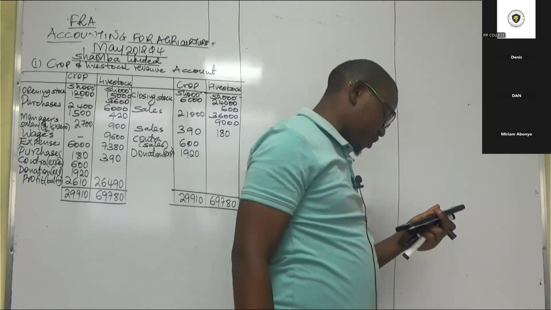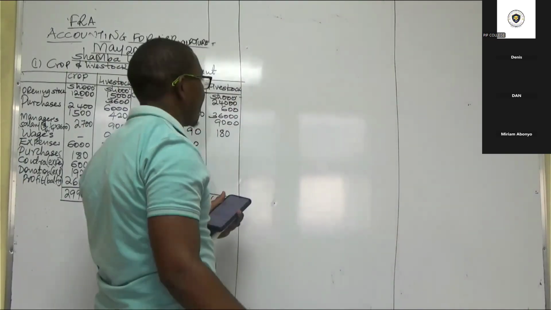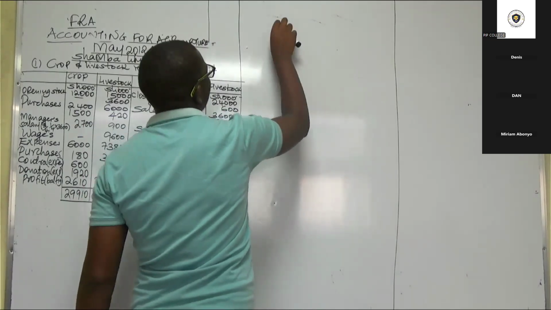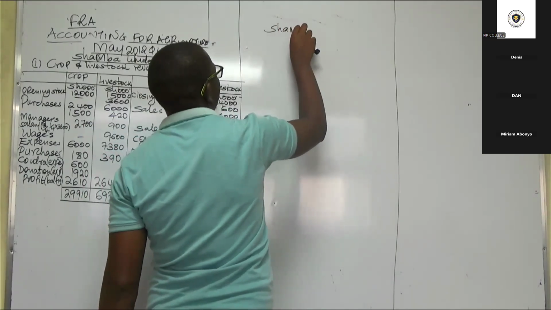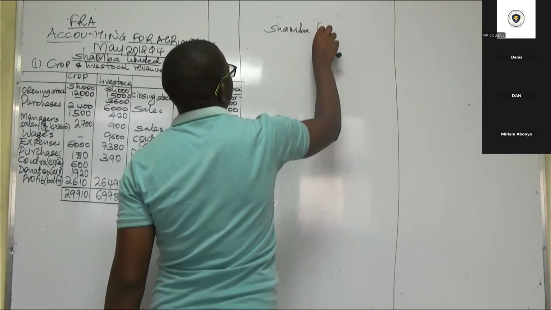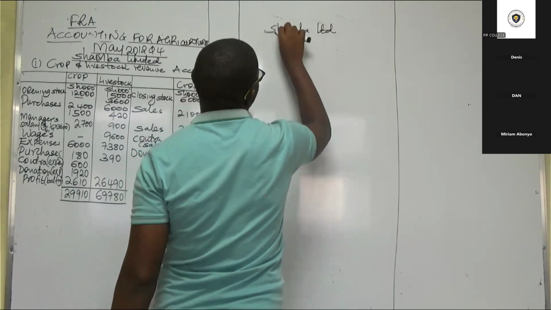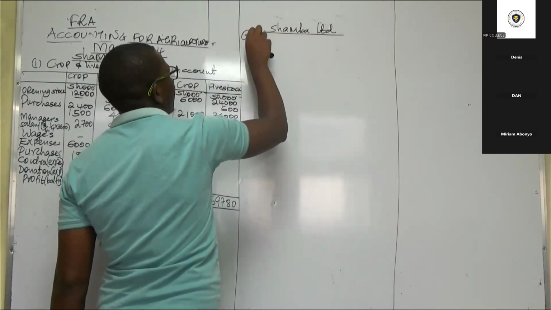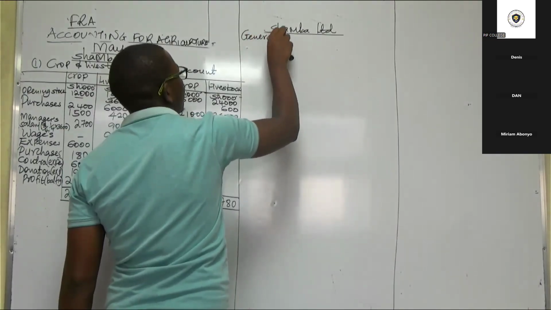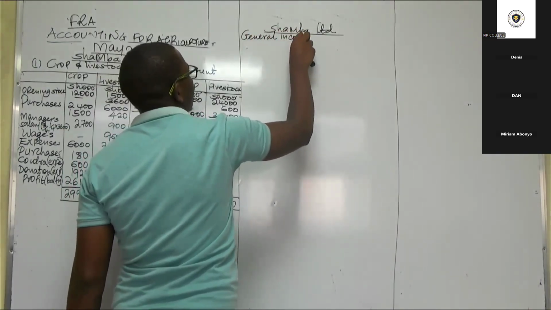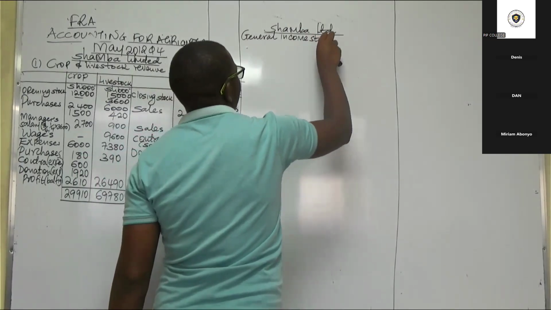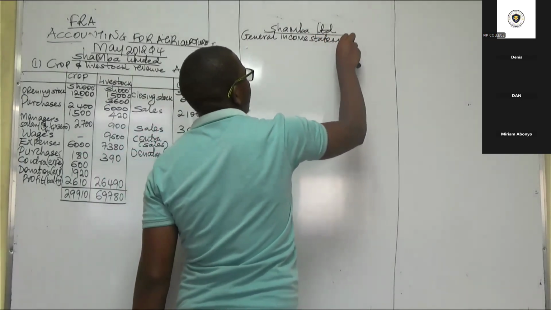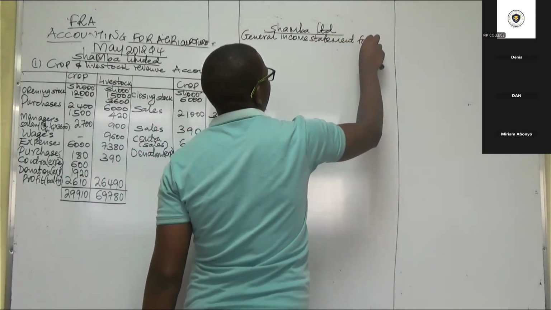Go to the second one, general income statement. This is Shamba Limited. The general income statement for the year ended.